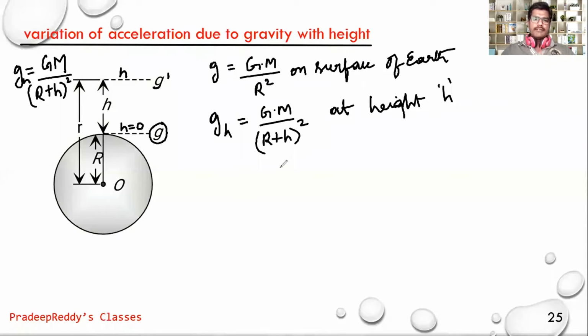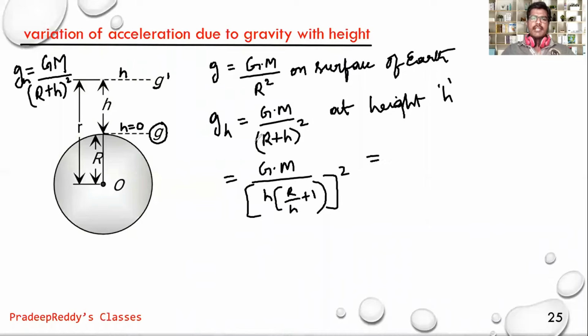Now from this I will take out a common factor. I'm sorry, instead of taking h, I'll take R outside.